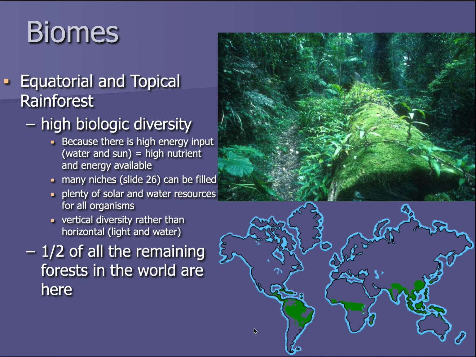This is a really high biodiversity zone, as you probably know. But it's diverse because it's getting a lot of daily sunlight, 12 hours more or less every day, and a lot of water more or less every day. But the structure of this diversity is vertical, and I'll show you that in the next slide.